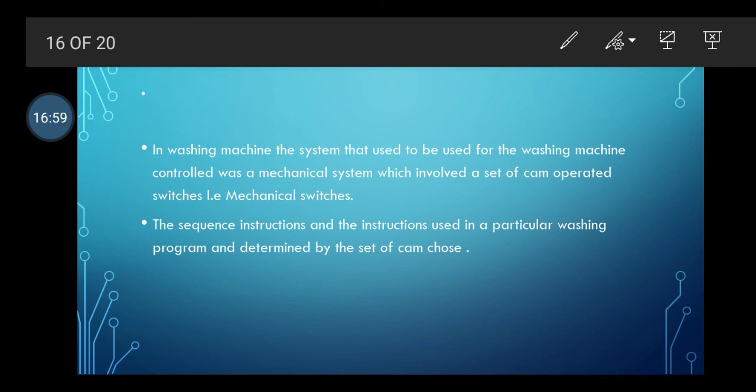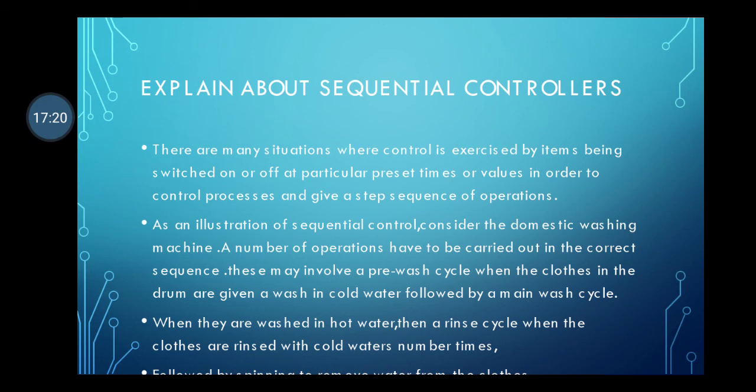The sequence of instructions used in a particular washing program was determined by the set of cams. That is the washing machine control system.